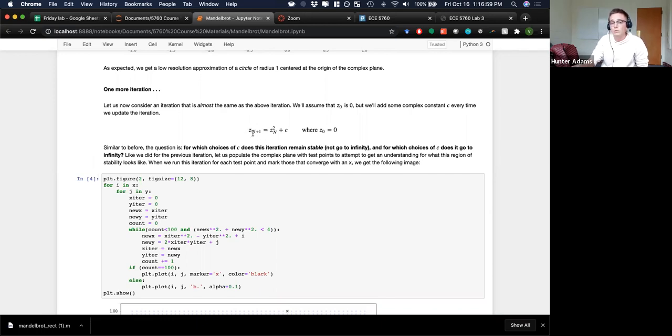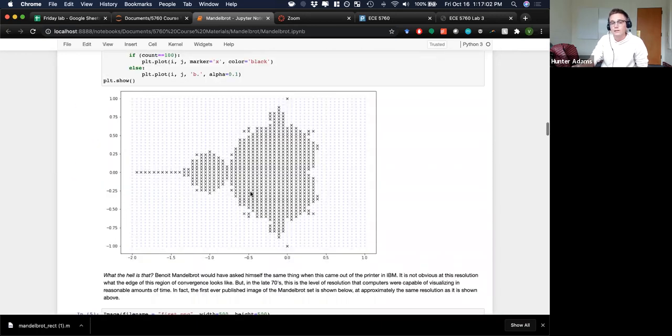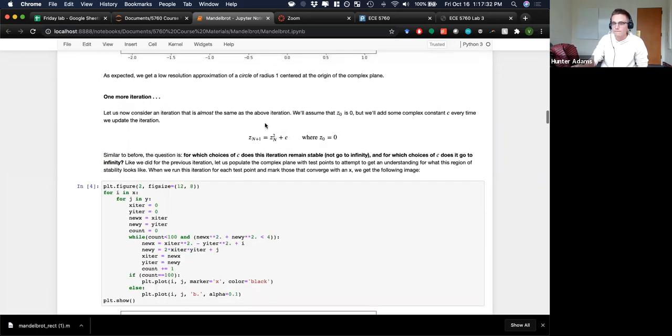This can exceed 1 and remain stable. And in fact, if we look at last lecture, we looked at the approximate region of stability for this iteration, and you can see here that the origin is here. There are regions here that are farther than 1 from the origin that are still stable. But there are no points that are farther than 2 from the origin and that are still stable. If you get farther than 2 from the origin for this iteration, you're never coming back. Okay. Cool.